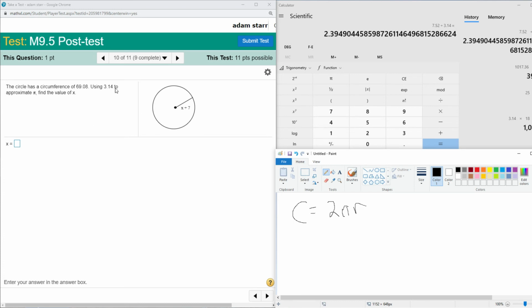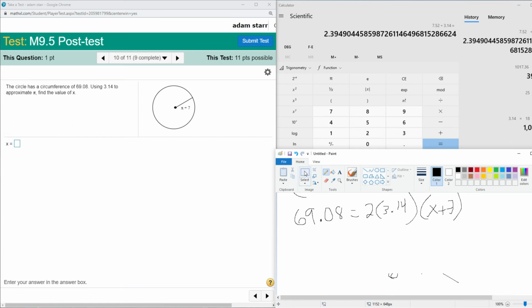It wants me to use 3.14 for pi, and I know my circumference, so substituting everything in, I know my circumference is 69.08 equals 2 times pi, in this case 3.14, times my radius. My radius is this expression, x plus 7 is my full radius.